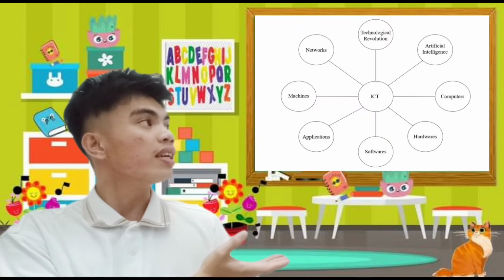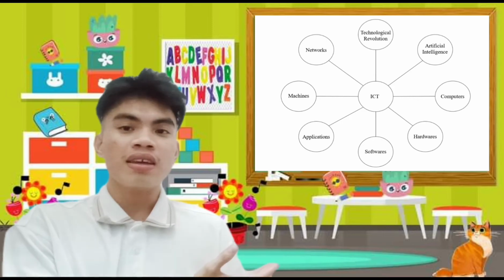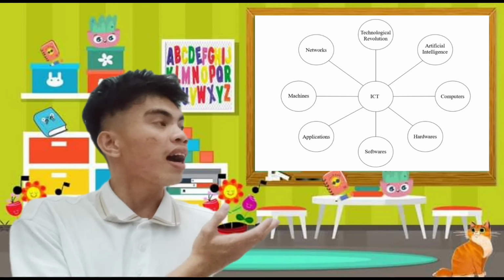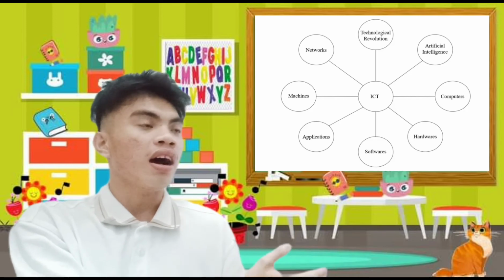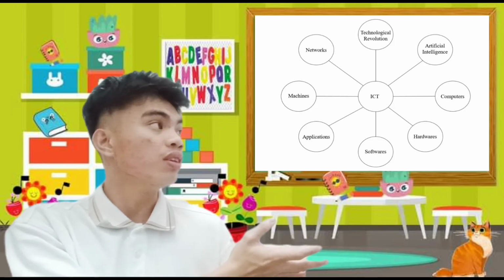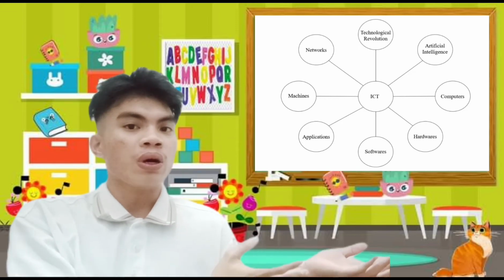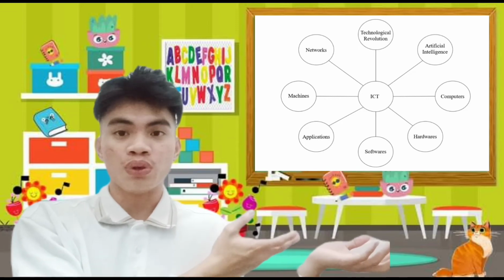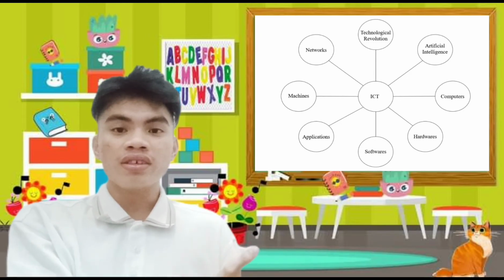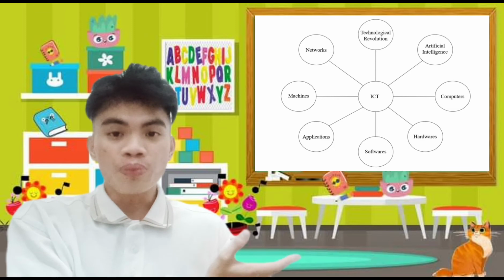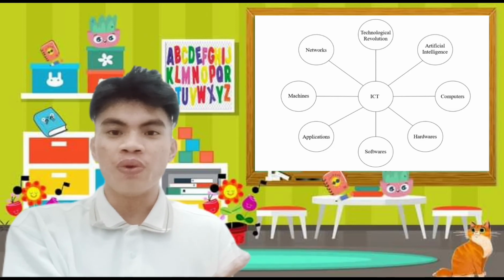As you can see, in the center is written ICT. It has different topics or different information about ICT, which is surrounded by bubbles. It has technological revolution, artificial intelligence, networks, machine, computer, application, software, and hardware.